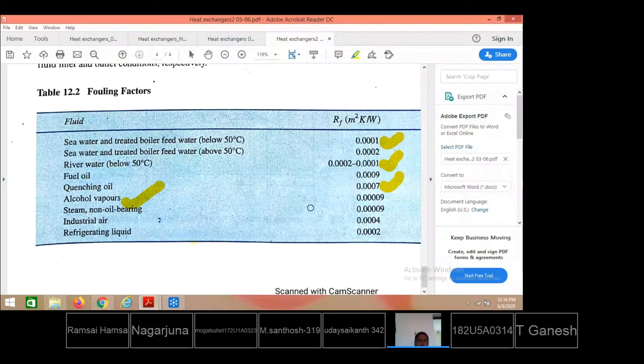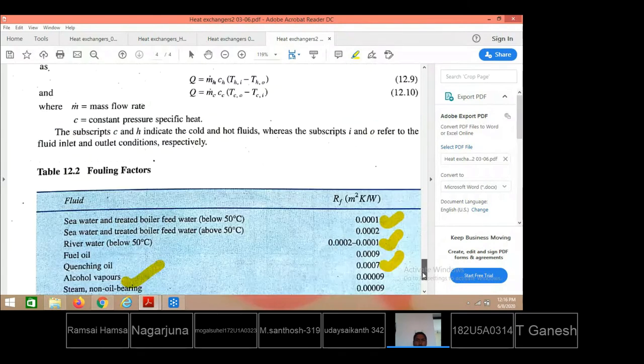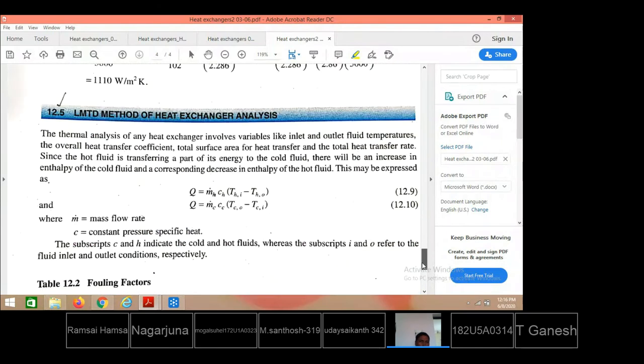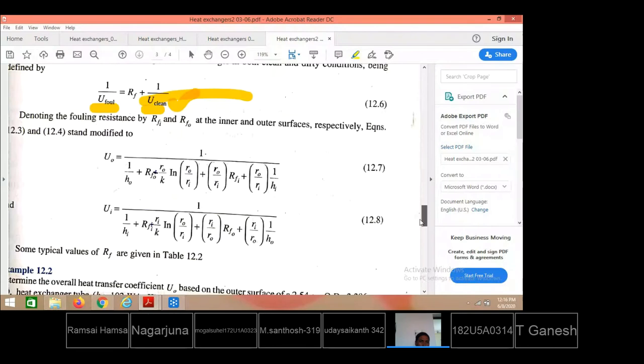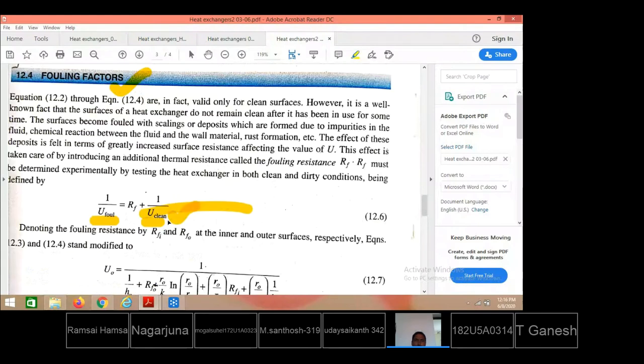When a refrigerant liquid, whether R12, R22 or R134, flows through a tube surface, what Rf value must be taken? So for various combinations of fluids flowing through a tube, the fouling resistances are taken like this. So the overall heat transfer coefficient with the inclusion of fouling equals the fouling resistance plus the overall heat transfer coefficient estimated by treating the surface as a clean surface, and we know how to estimate that.